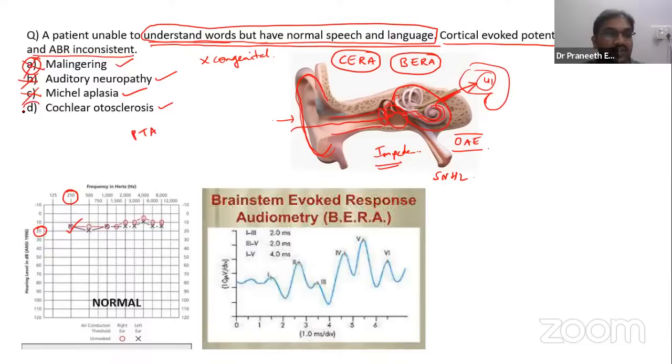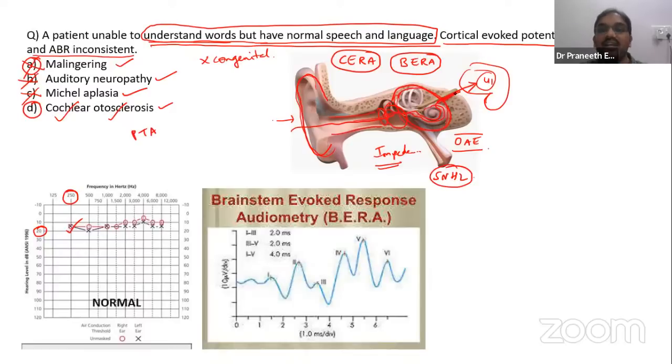Now the only option left is cochlear otosclerosis, and this should be the answer, because in cochlear otosclerosis you have sensorineural hearing loss, right? So when the sound waves are traveling and there is a conduction problem with the cochlea, there is sensorineural hearing loss.